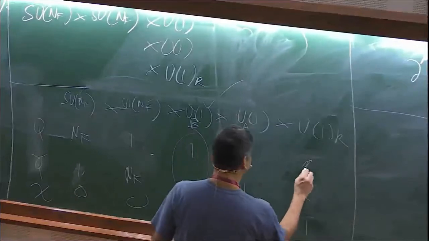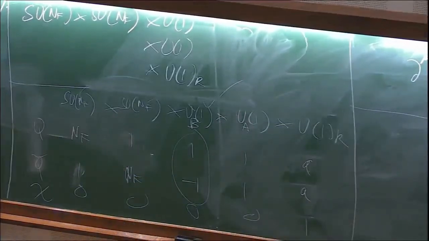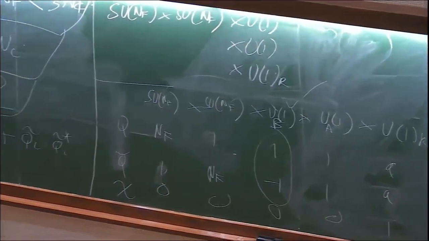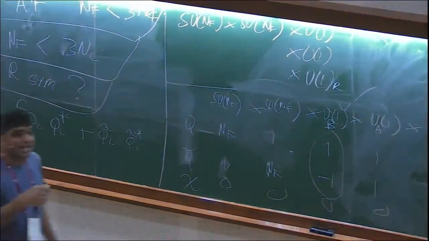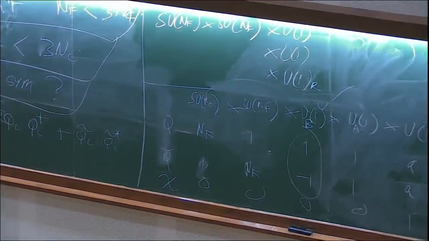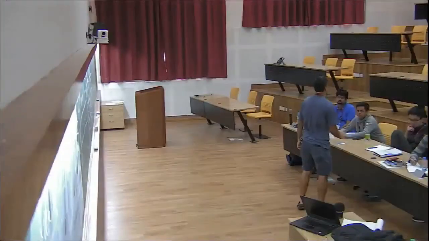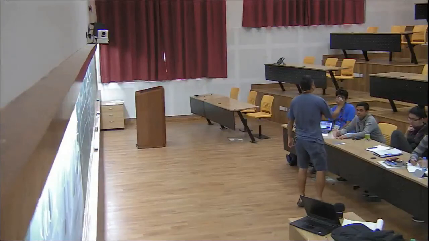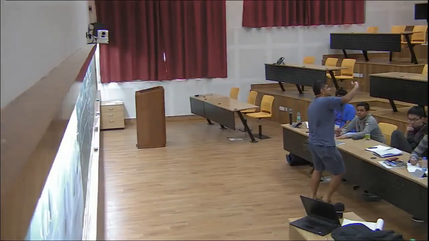Now, I should be clear. A is the charge of the supermultiplet phi. Therefore, the fermion in that supermultiplet has charge A minus 1. Why?